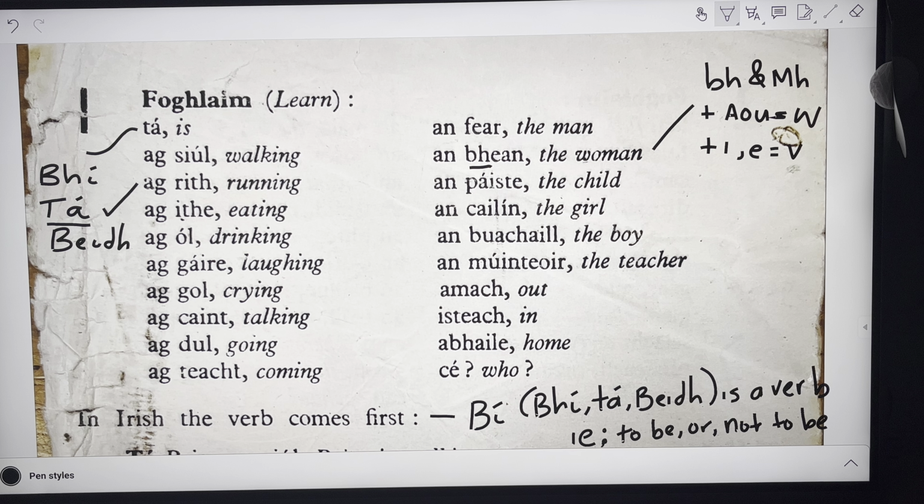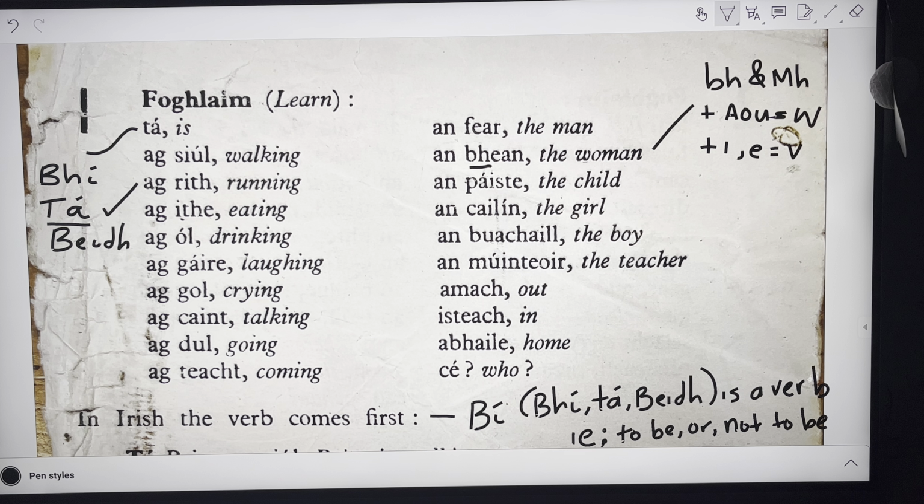Start again. Tá is ag siúl. There's a fada there. Listen to the pronunciation. Ag siúl, walking. Ag rith, running. Ag ithe, eating. Ag ól, drinking.